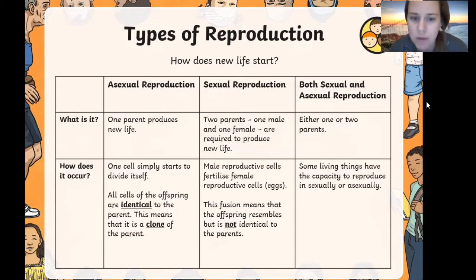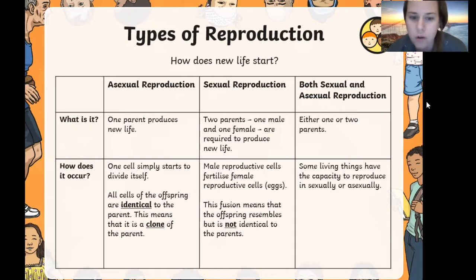Okay, we have sexual reproduction, where 2 parents, a male and a female, are required to produce new life. For this to happen, it requires a male reproductive cell and a female reproductive cell, and the male needs to fertilize the female's reproductive cell, which is an egg.